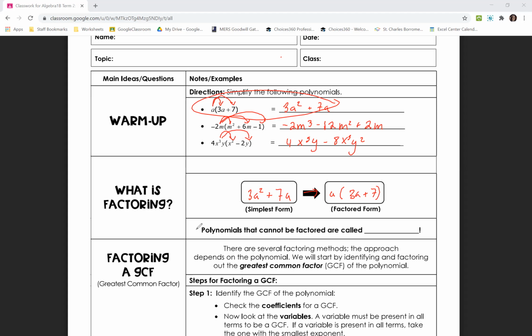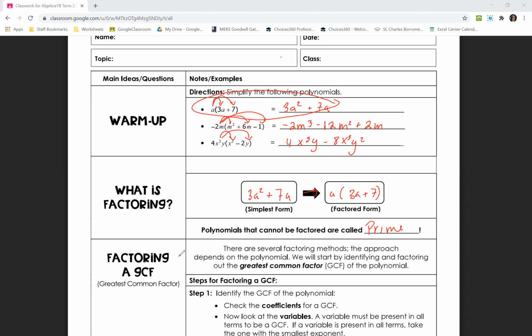Just remember what we had talked about: polynomials that can't be factored, just the same as numbers that can't be factored, we call them prime. For the next couple weeks, we're going to be exploring lots of different techniques to be able to factor. Multiplying was fairly simple and straightforward; you were putting one thing into the other.